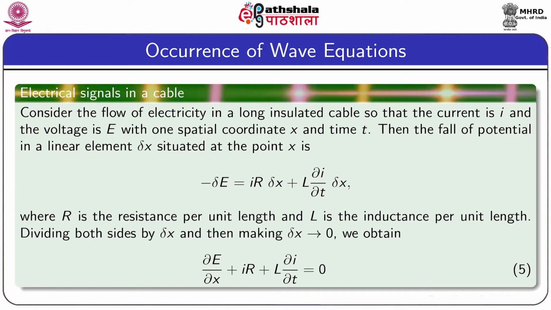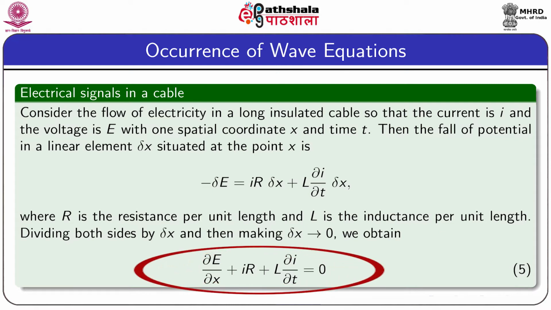Now, if we divide this relation by delta x and take the limit as delta x tends to 0, we get the differential equation del E/del x plus I R plus L del I/del t equals 0, which is written in equation number 5.